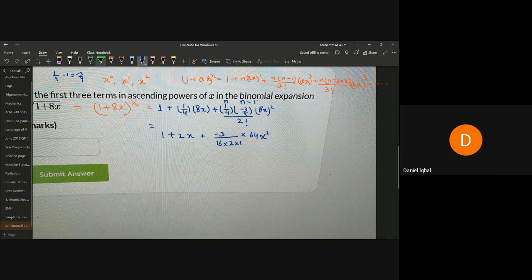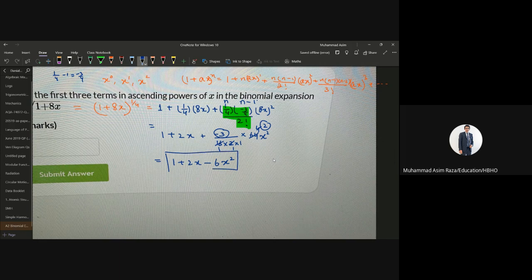You see that 4 times 4 is 16, and then this 2 factorial I have written over there. What we can do over here is quite simple: 16 ones are 16, 16 fours are 64, 2 ones are 2, 2 twos are 4. So that is why we can now have 1 plus 2x minus 3 into 2, which is minus 6x squared. So this is the final answer. Is it clear?